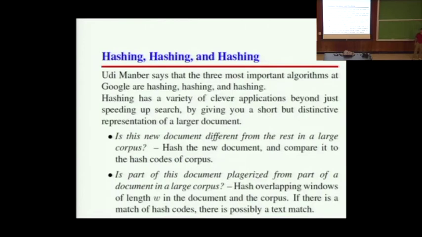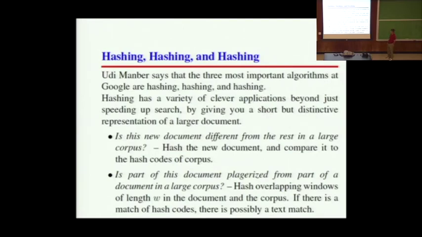Okay. So now remember hash tables, but put that aside for now. What is wonderful is that hashing is useful for a lot of different things, especially in internet scale things, than just maintaining dictionaries.